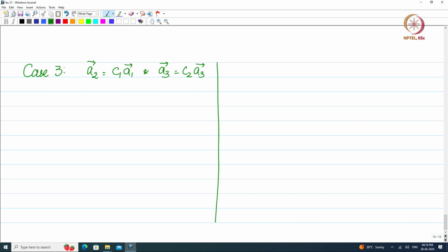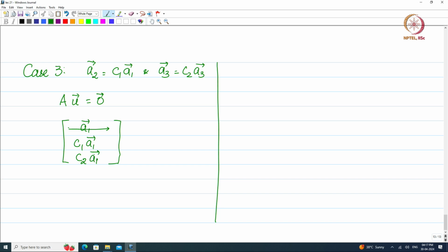So how do we find a solution in this case? Au is equal to the 0 vector. Now, what is the matrix A? The first row is the vector A1, the second row is nothing but C1 A1, and the third row is nothing but C2 A1.